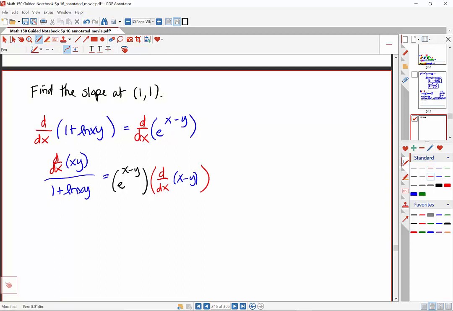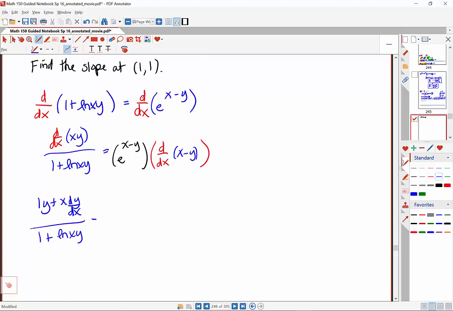Okay, so now we will have, this one's going to end up being, we found it in the last problem, so 1y plus x times dy dx over 1 plus natural log at xy equals e to the x minus y times 1 minus dy dx.